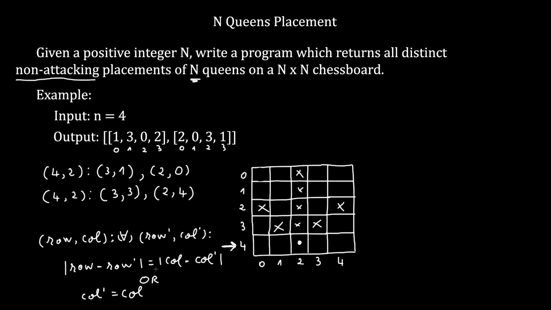I also know my end goal: when I reach the row n, which in this example is 5, I basically finished placing the queens on each of the rows. Then I definitely have a valid solution, and I'm going to push it into the answer. So it looks like we have come up with a backtracking approach for this problem.